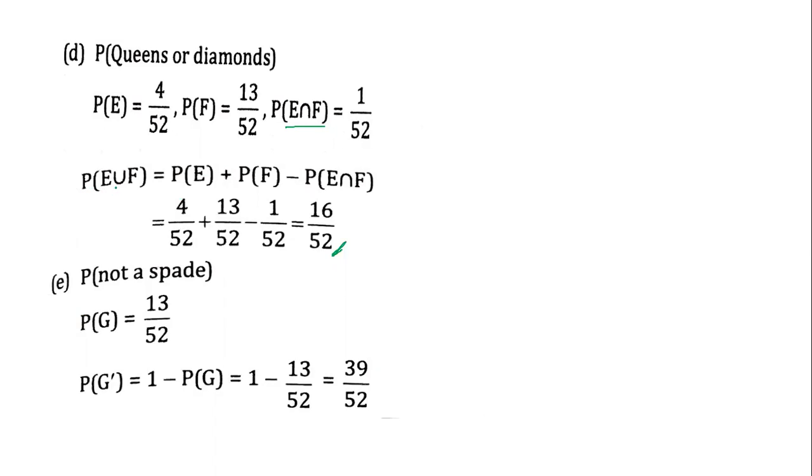P of E union F is equal to P of E plus P of F minus P of E intersection F. So 4 by 52 plus 13 by 52 minus 1 by 52 will give you 16 by 52. So the probability of getting a queen card or a diamond card is 16 by 52.